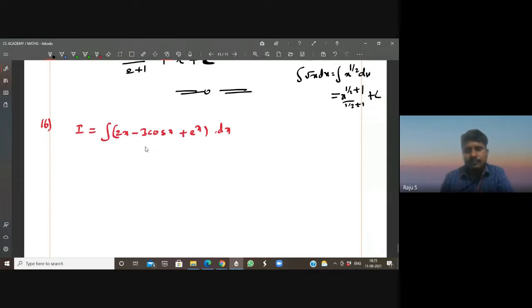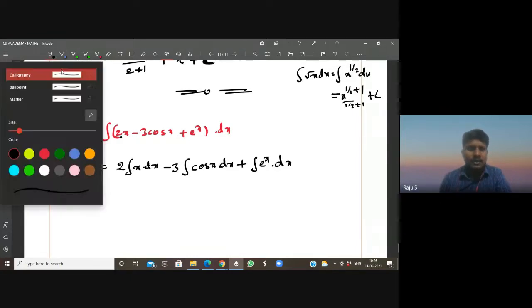See here, first I want to write separately for all these different functions. 2 is a constant here, so take it outside, remaining is integral x dx. Minus 3 is a constant, and integral of cos x dx, plus e power x is a function, e power x dx. Is that clear, students? With the help of the property of integration, I have written like this.